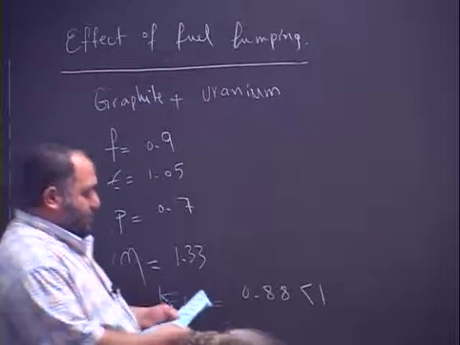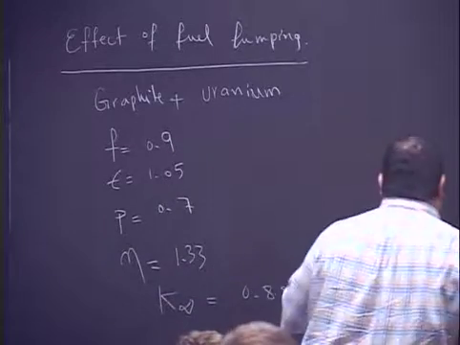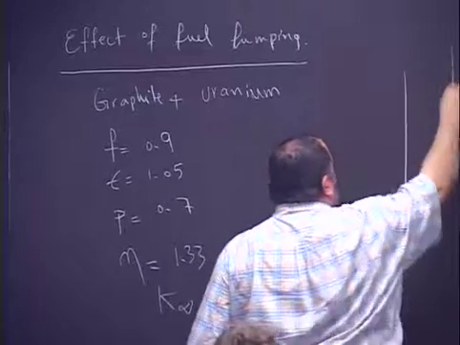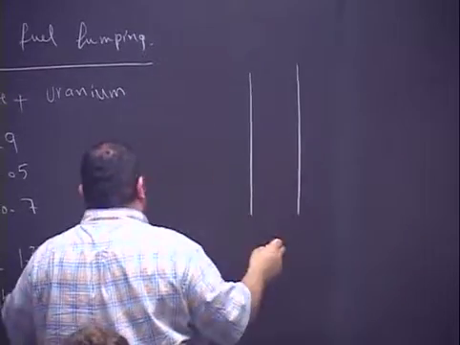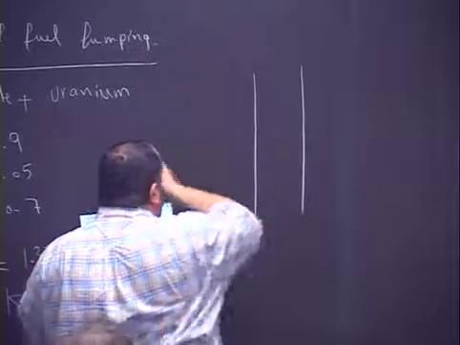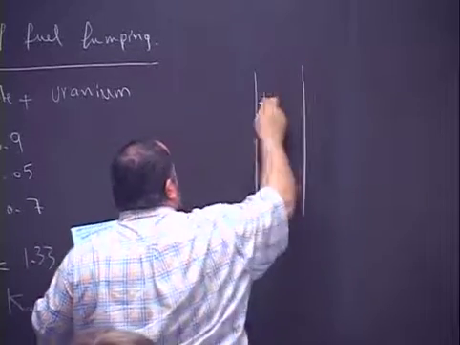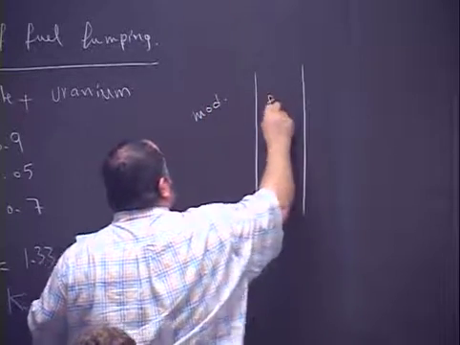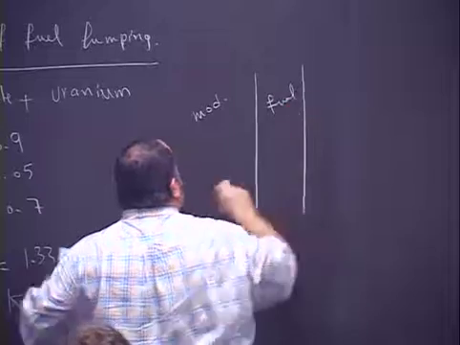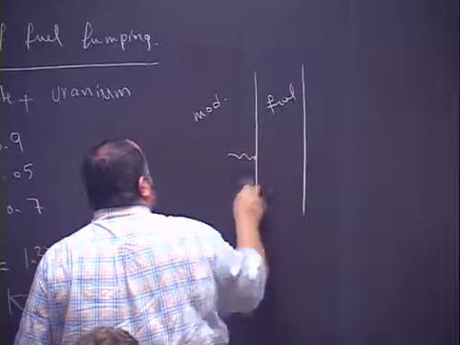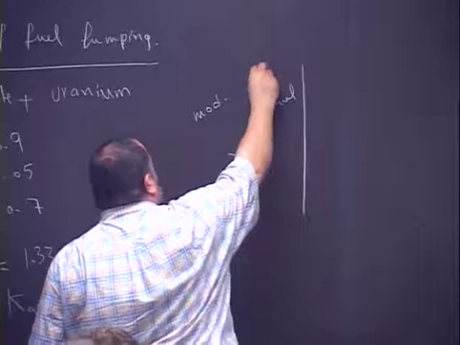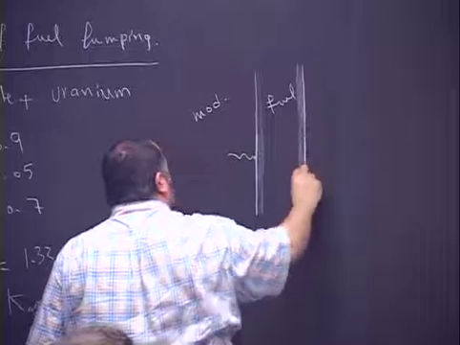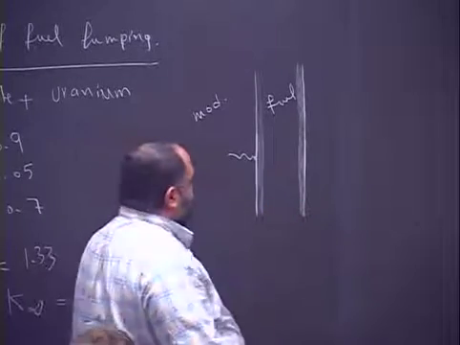So the solution is to do what we call fuel lumping. You will have the fuel in lumps. So this is the fuel, let's say a fuel rod or whatever, and the moderator is here. What happens is neutrons try to penetrate through the fuel, but because of the high absorption cross-section of the fuel at the resonance energies, the neutrons will be absorbed not far from the surface of the fuel.